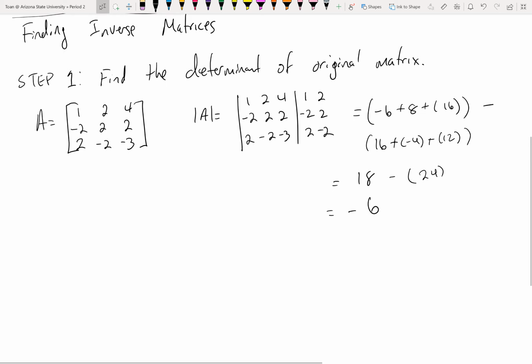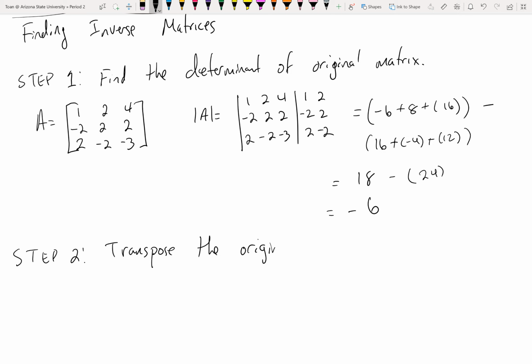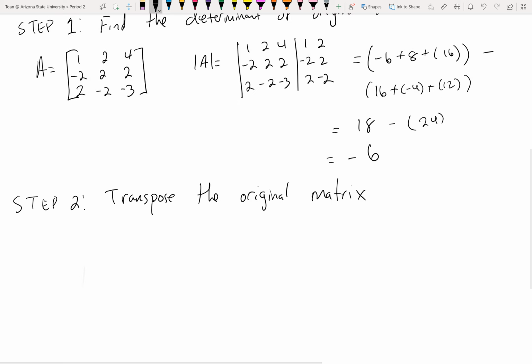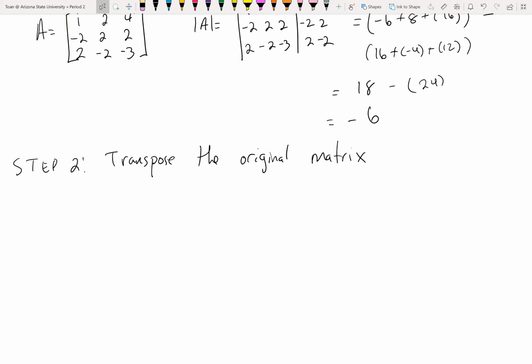So then step 2. You're going to transpose the original matrix. Right. Now this is going to sound weird. What the heck is a transpose?